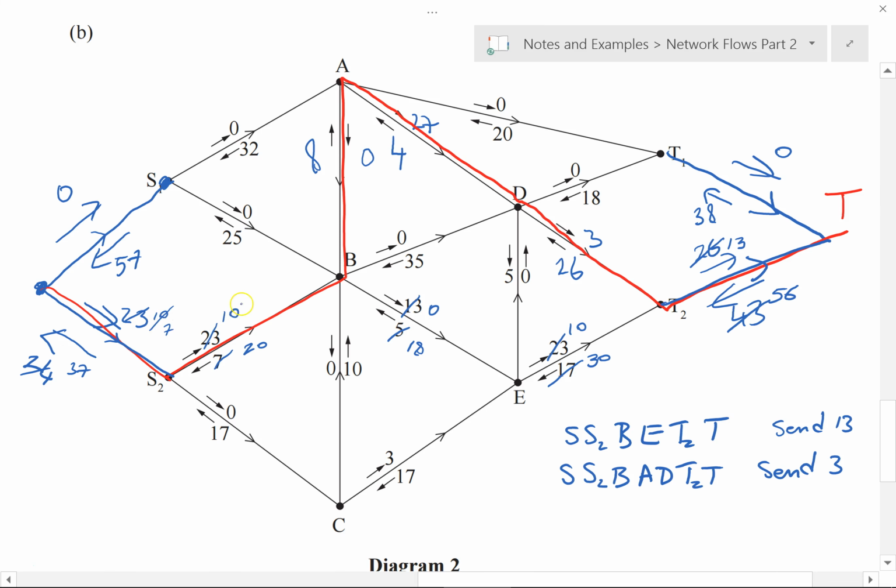So that's 7, 7, 5, 24, 0, and 10. And we increase the backward arrow by 3, so that's 40, 23, 3, 7, 29 and 59.